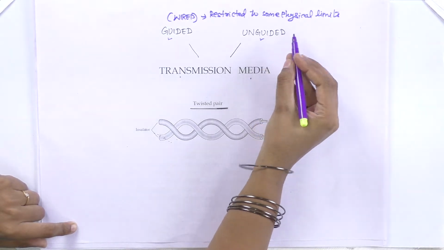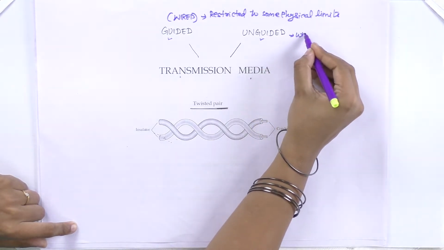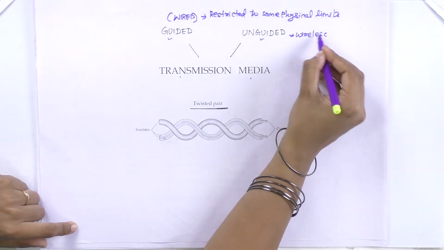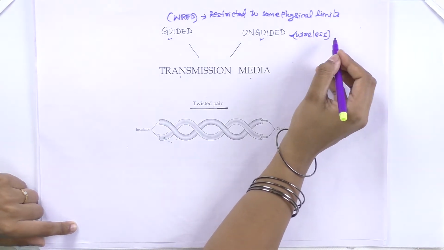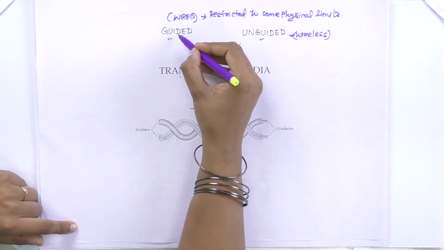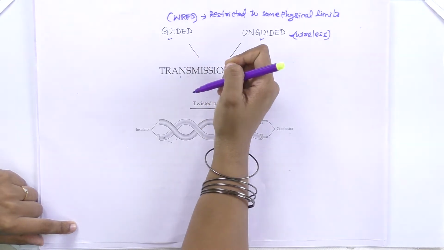Unguided means wireless, which doesn't have any restrictions in its limits. So first we'll look into the guided transmission medium.